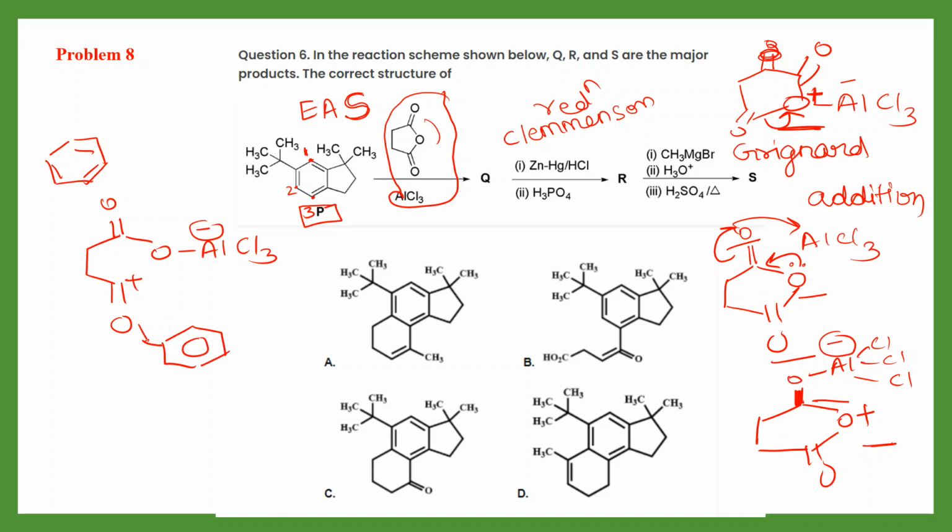So you just have to put your electrophile there. This is your tertiary butyl group. So what will it form? CO, then how many carbons? Two carbons are there, one, two, then your carbonyl. Okay, I've made a mistake here. Wait.